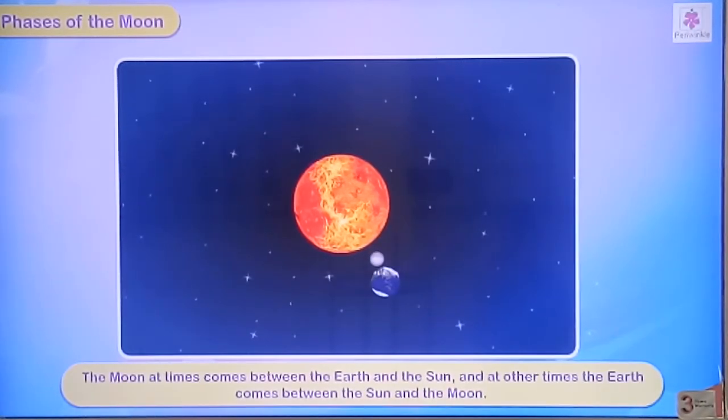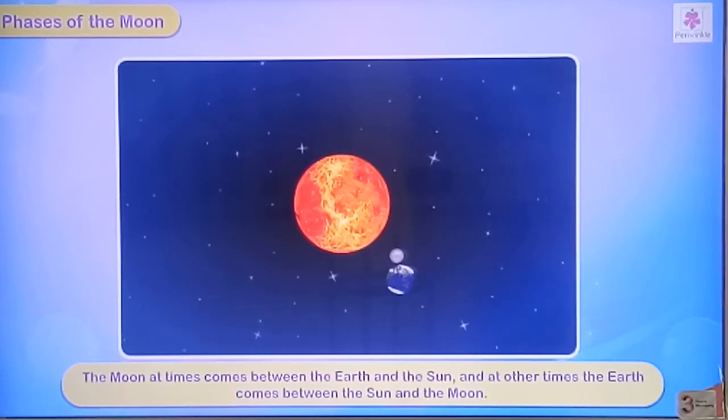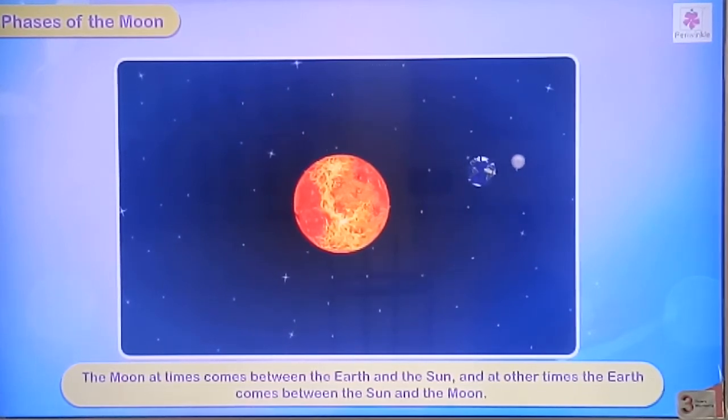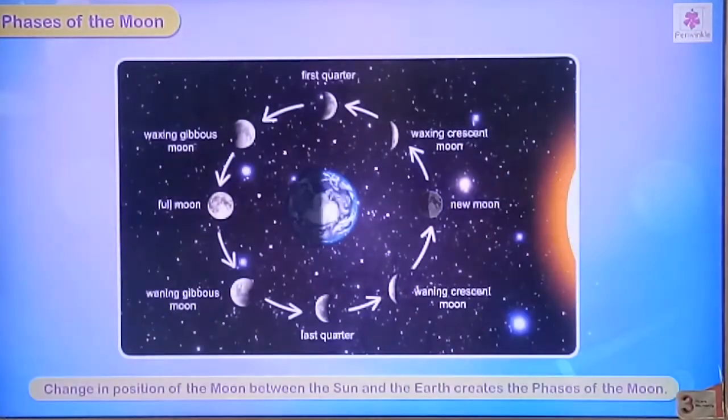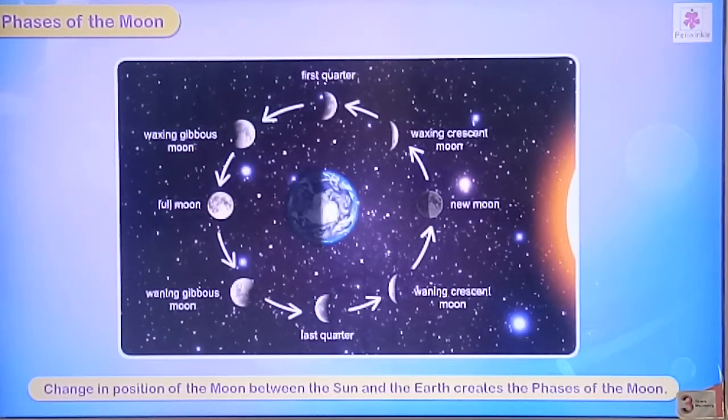The moon at times comes between the earth and the sun, and at other times the earth comes between the sun and the moon. Change in position of the moon between the sun and the earth creates the phases of the moon.